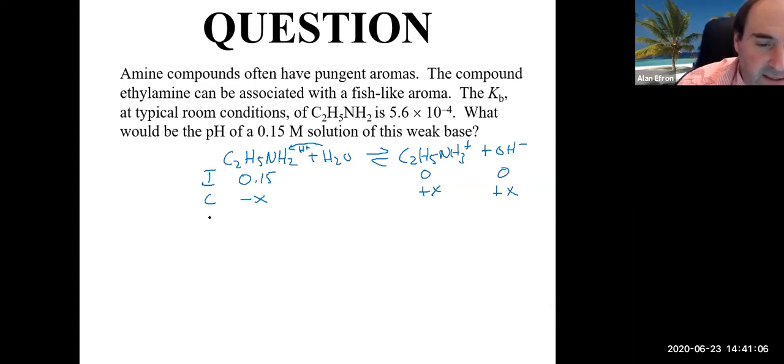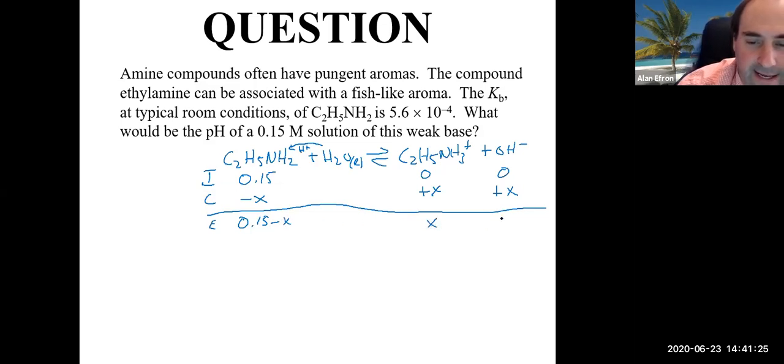I always find it's good not to try to put numbers or letters in places where you might mess up. So might as well just ignore water as it's obviously a liquid, right? All the rest of them are aqueous. Any questions on the ice table there?